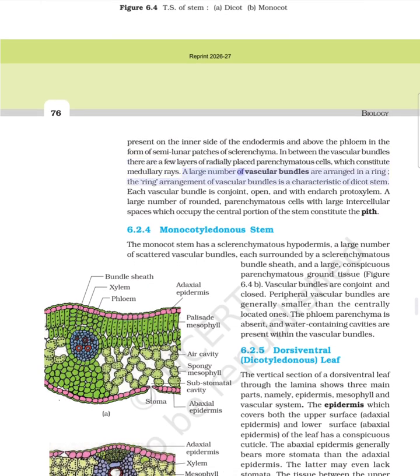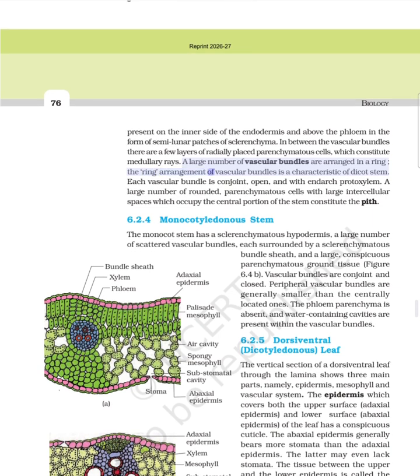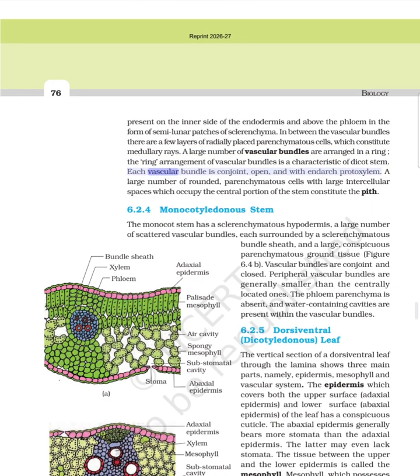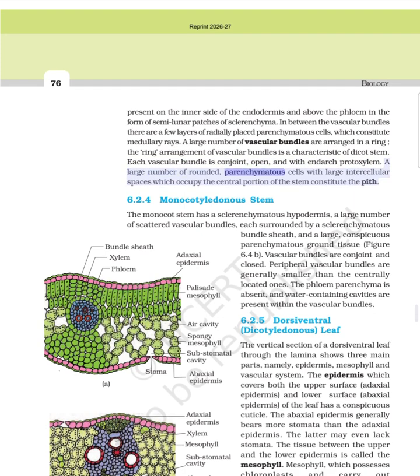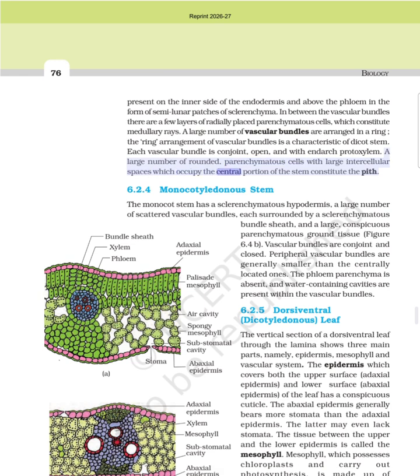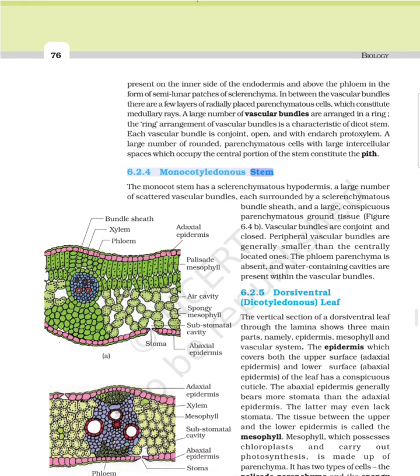A large number of vascular bundles are arranged in a ring. The ring arrangement of vascular bundles is a characteristic of dicot stem. Each vascular bundle is conjoint, open, and with endarch protoxylem. A large number of rounded, parenchymatous cells with large intercellular spaces, which occupy the central portion of the stem, constitute the pith.